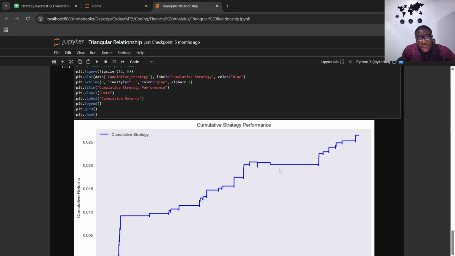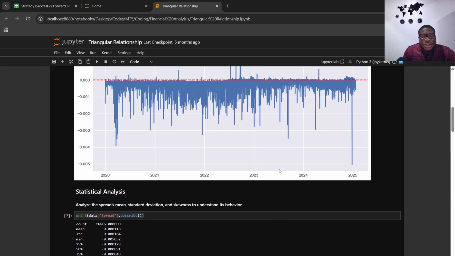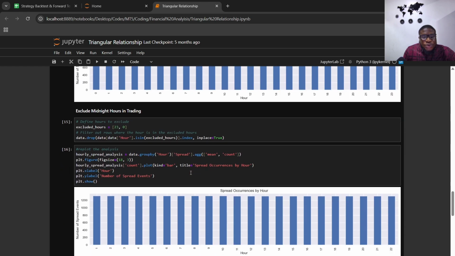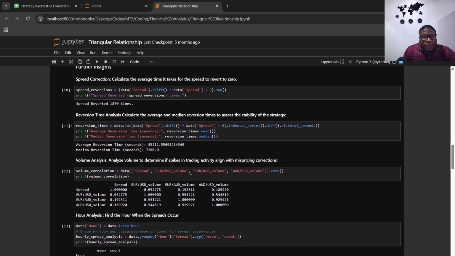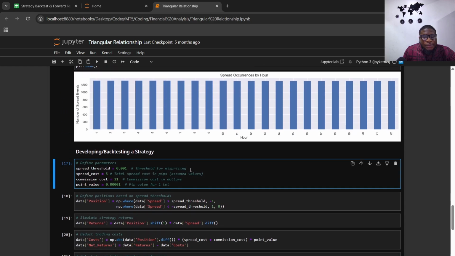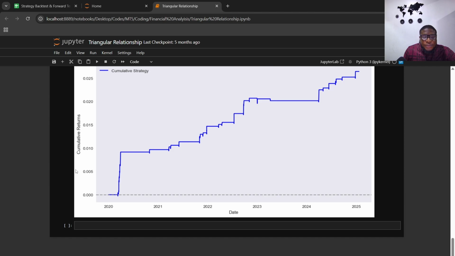This research tells us that the majority of the time when the spread exceeds our spread threshold, which we added here, is actually during these midnight hours, right?